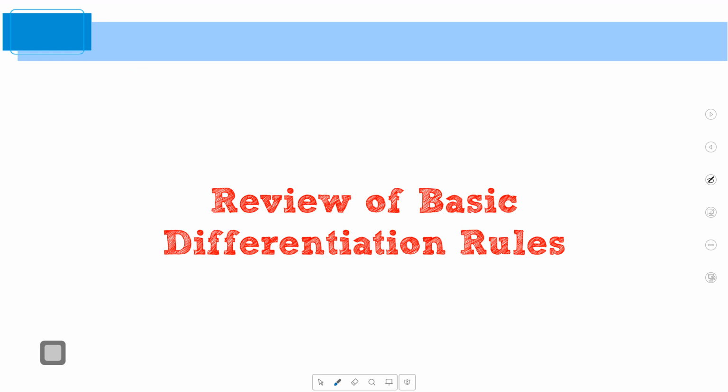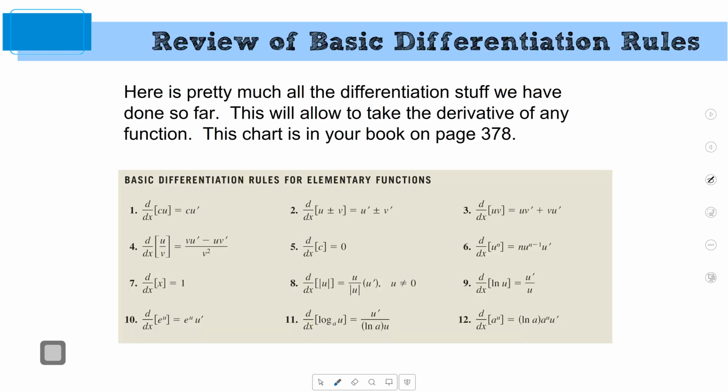Here it is. This is every differentiation rule we've learned from day one. Oh, there's another slide, by the way. Okay. So number one, constant rule. Derivative of 2x squared is the derivative of x squared times 2. Second one, the derivative of a sum is the sum of the derivatives. The derivative of a difference is the difference of the derivatives.